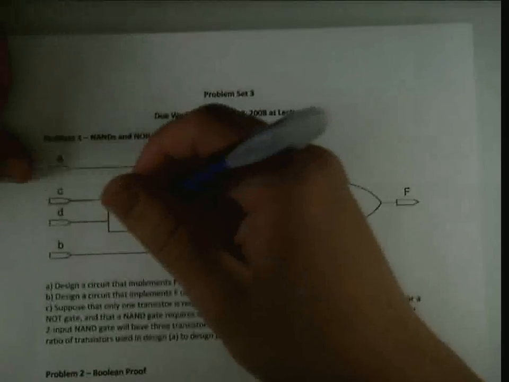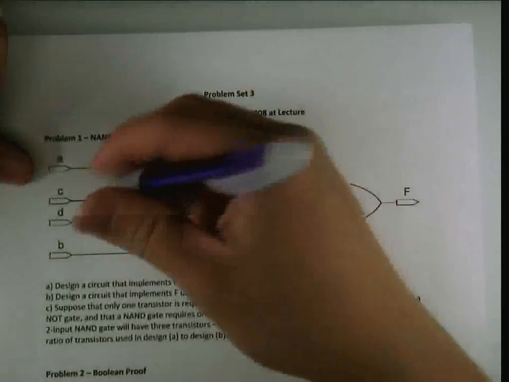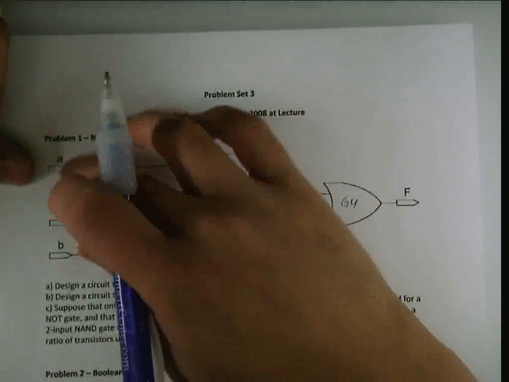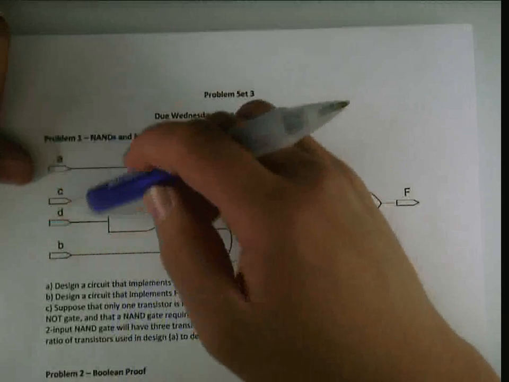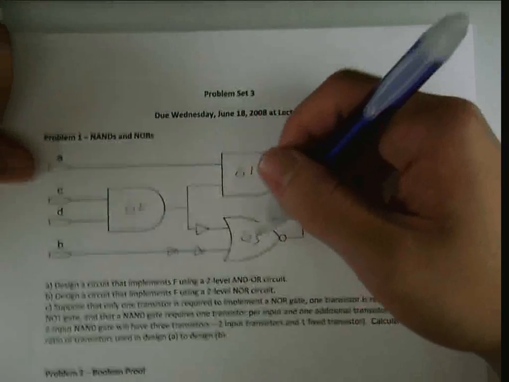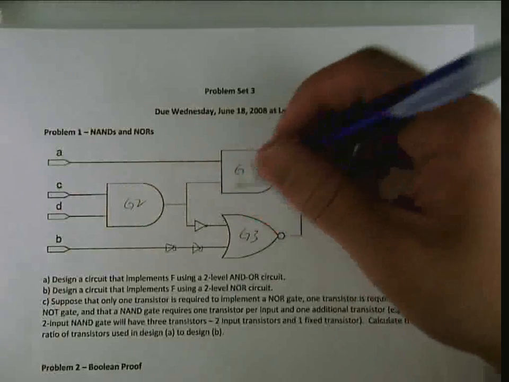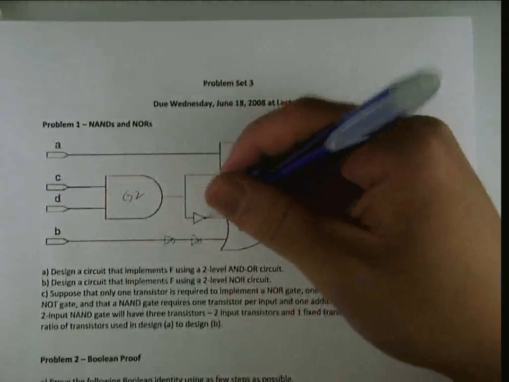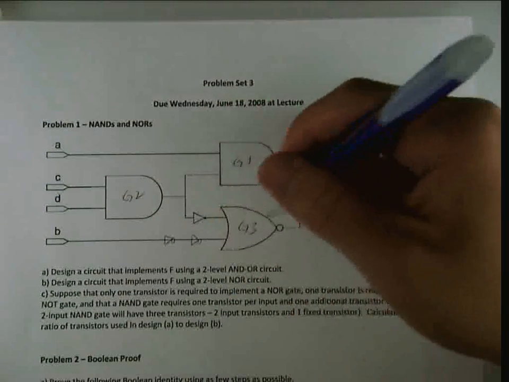Well, G1 and G2 can combine into one AND gate, so this would just be a 3-input AND with A, C, D. And then we potentially have G3, and this is very close to being an AND gate already.